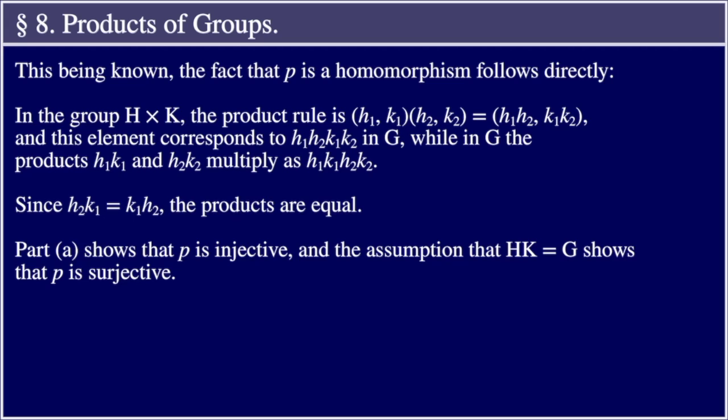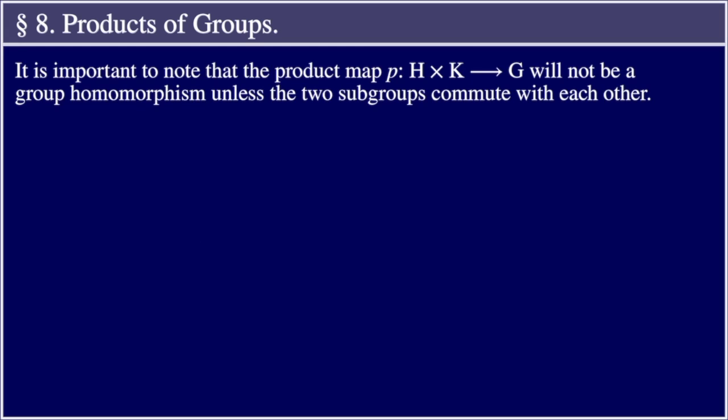Since h2k1 is equal to k1h2, the products are equal. Part A shows that P is injective, and the assumption that HK is equal to G shows that P is surjective. It is important to note that the product map P mapping H × K to G will not be a group homomorphism unless the two subgroups commute with each other.